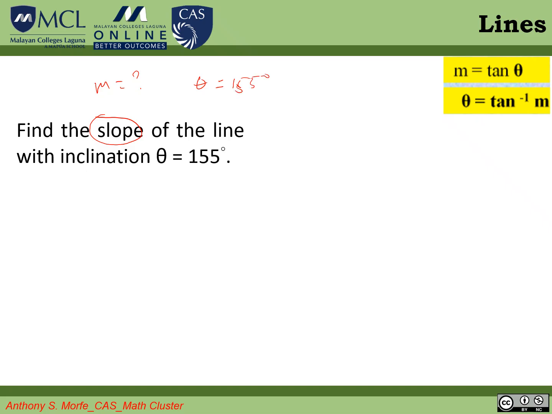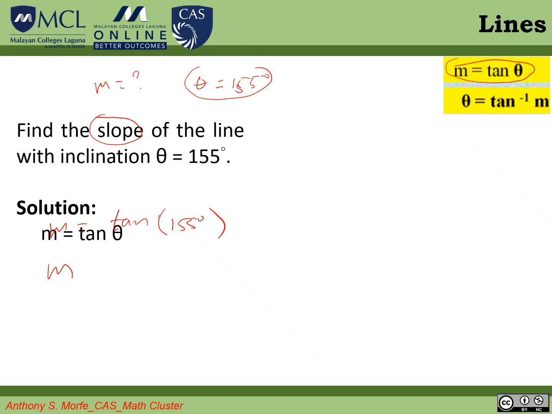So we're given the angle, and then we're asked to solve for the slope. So we just use this formula. So m is equal to tangent of theta, where theta is equal to 155 degrees, which gives us, what's the answer?